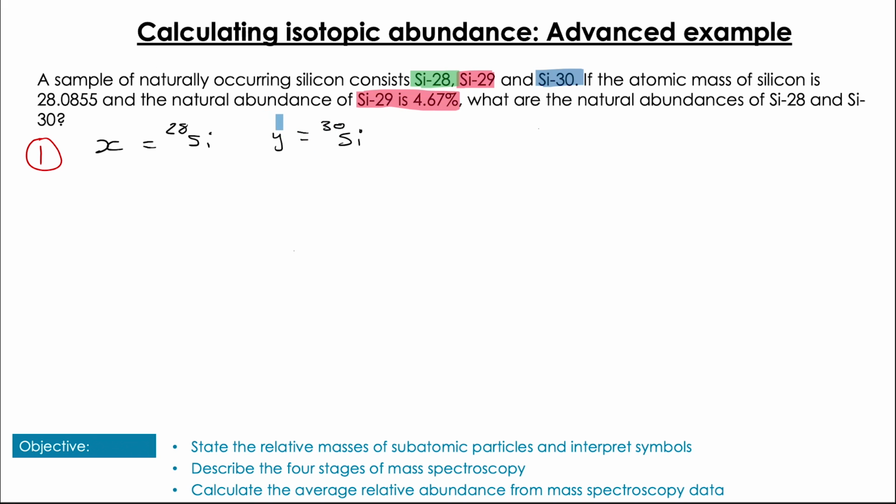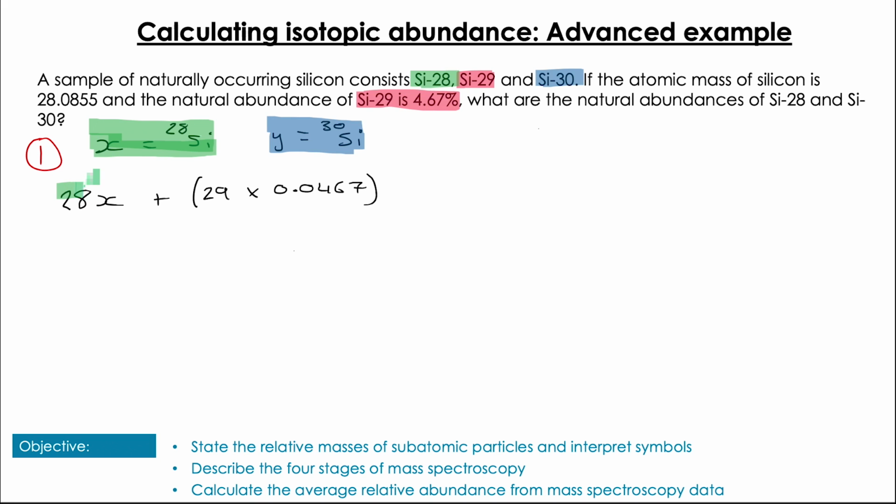We're then going to construct our equation, just like we did in the last 2 questions, but this time we're going to have a Y component because we can't express the abundance of silicon-30 just in terms of X. So we have 28X plus 29 multiplied by 0.0467, because we're already given silicon-29's abundance in the question.